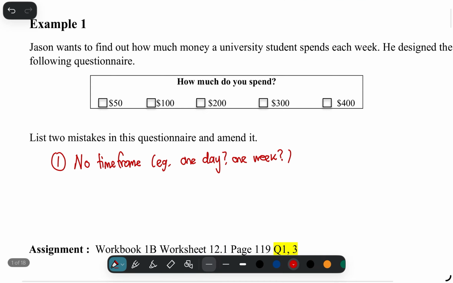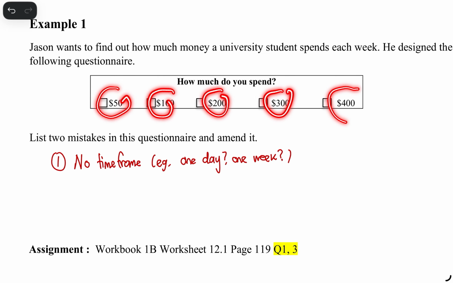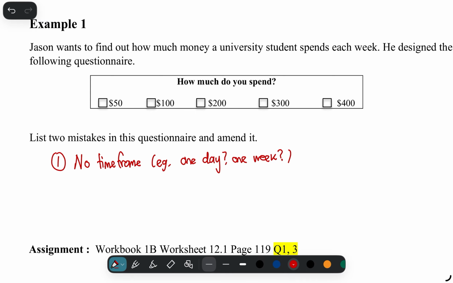The next mistake is that you can see this says $50, $100, $200. What if I spend $70? Which option do I take? I think what he means is that these answers should be a range of numbers. For example, mistake number 2, options should be a range of numbers.